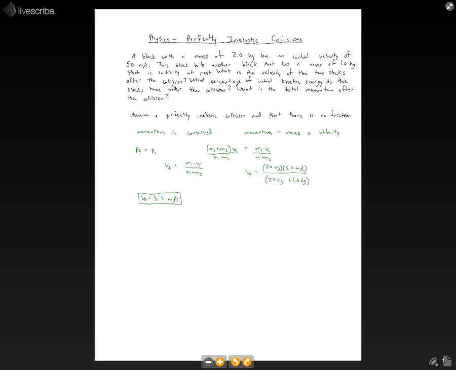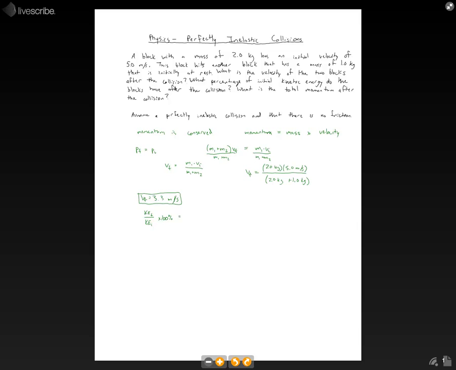And now, the next question is, what percentage of initial kinetic energy do the blocks have after the collision? To find that percentage, it's going to be a fraction: the final kinetic energy divided by the initial kinetic energy. To make that a percentage, we'll multiply it by 100%. So let's expand that out.